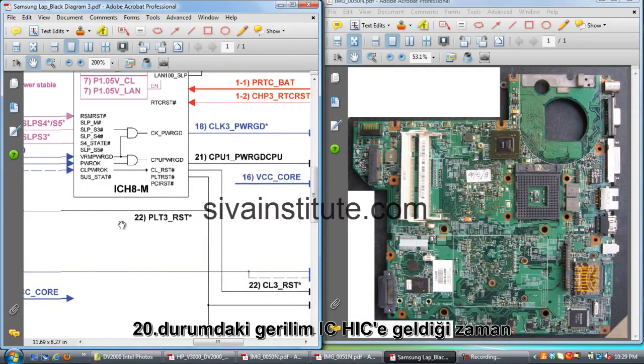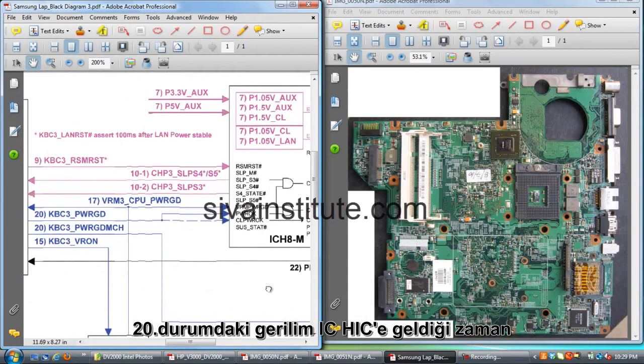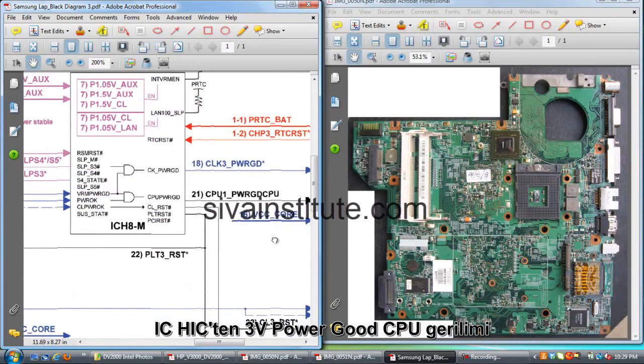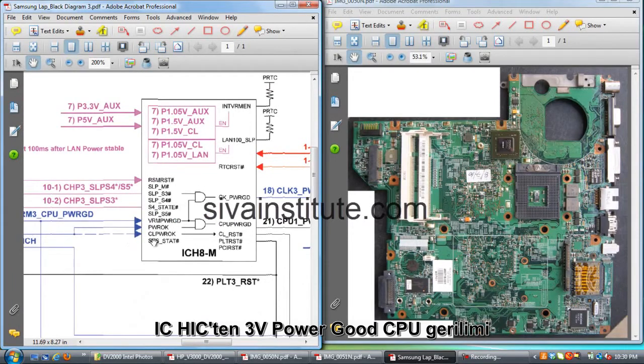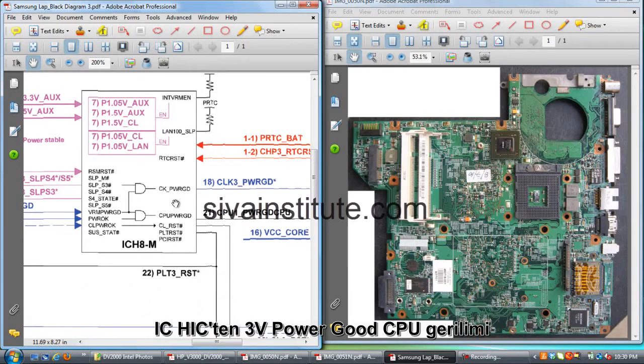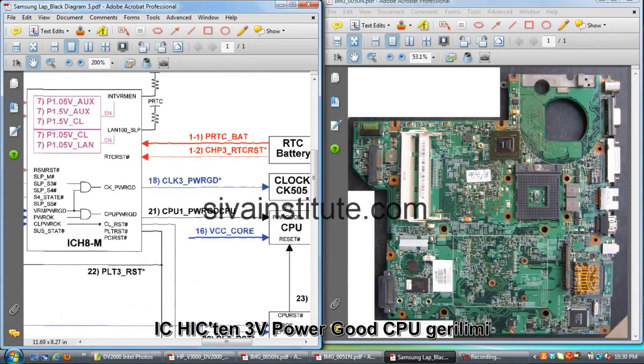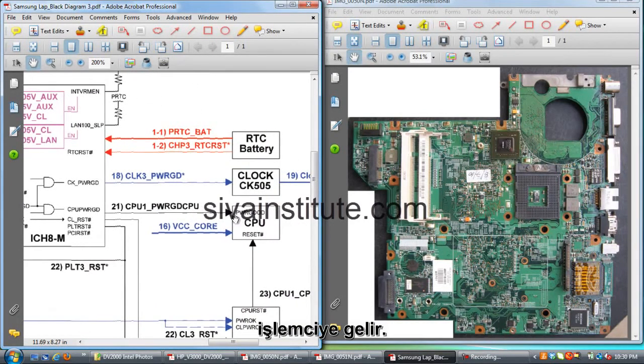When this voltage is released, and 20, when this voltage is released, CPU power good, when this voltage is received by the ICH, this ICH releases 3 volts power good voltage to the CPU.